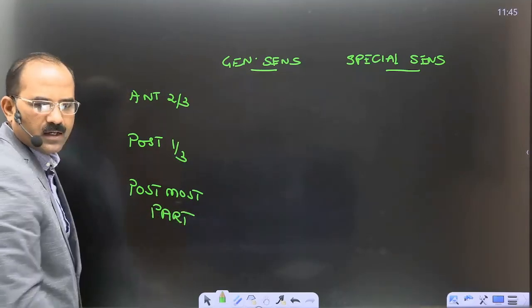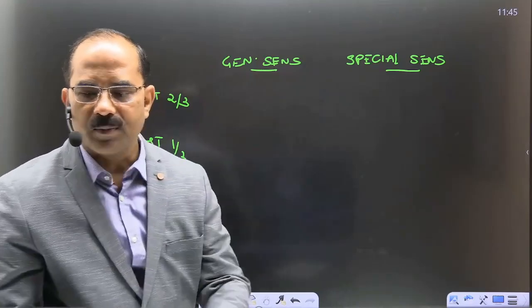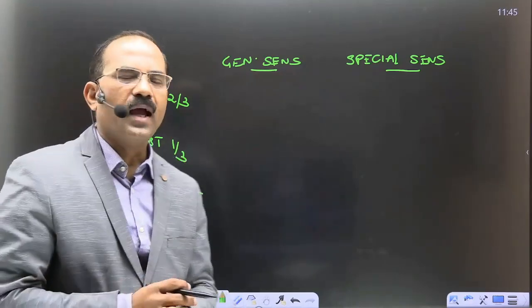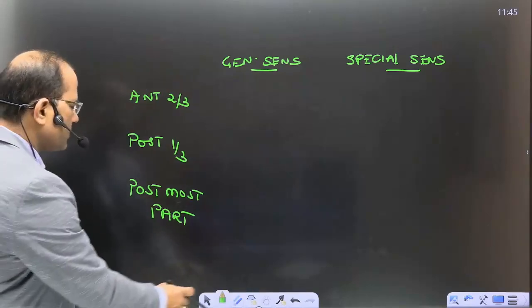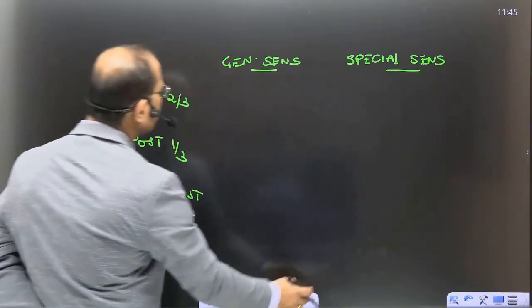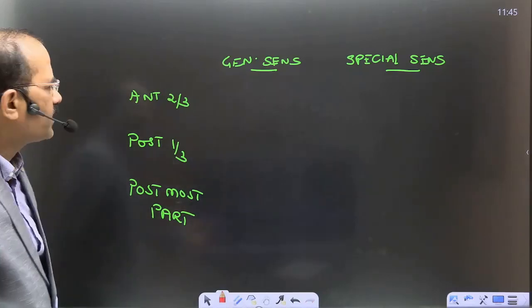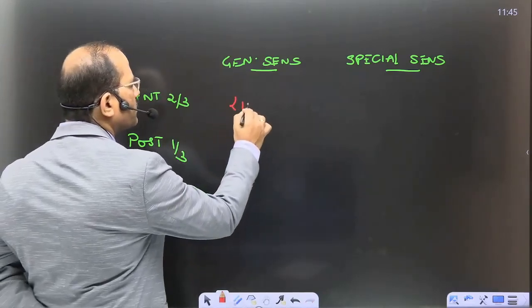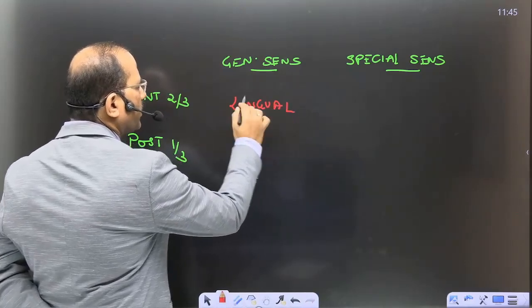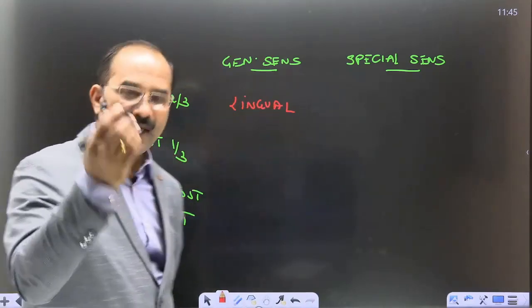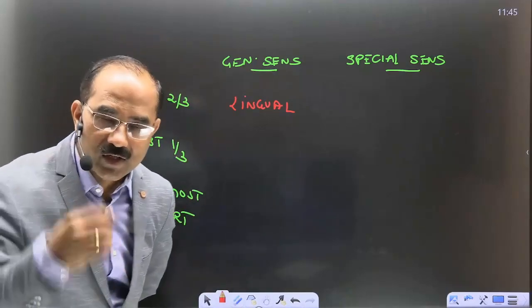So now students, tell me, anterior 2/3 of the tongue is supplied by what? General sensations are supplied by the lingual nerve. You remember the mandibular nerve? It's a branch of the mandibular nerve which supplies the anterior 2/3 of the tongue.